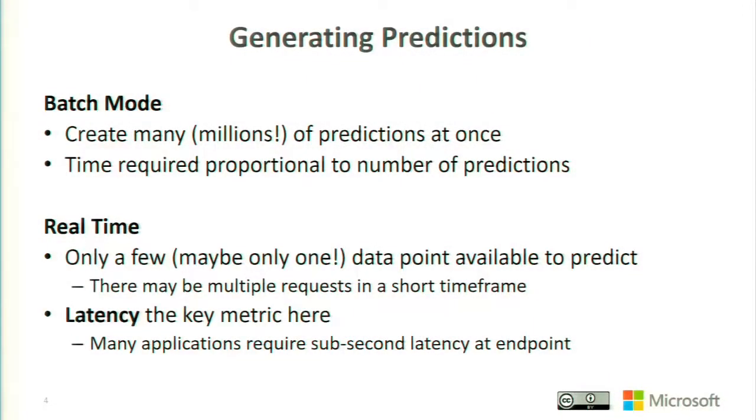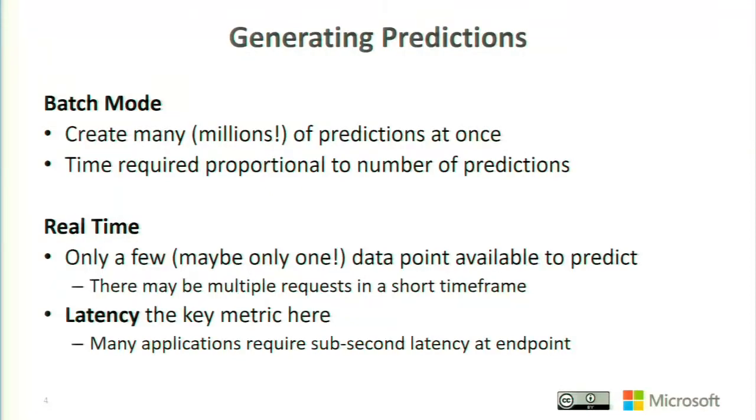So when it comes to generating predictions from models, there's basically two modes you can go about it. You could do it in batch mode in an offline scenario. Nobody's really waiting for these results. You're probably just uploading them into a database or something. Perhaps it's an overnight evaluation of portfolio positions, those kinds of things.